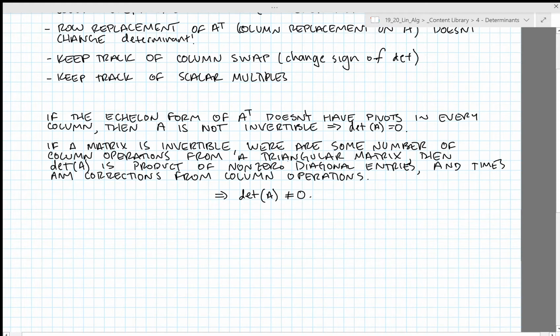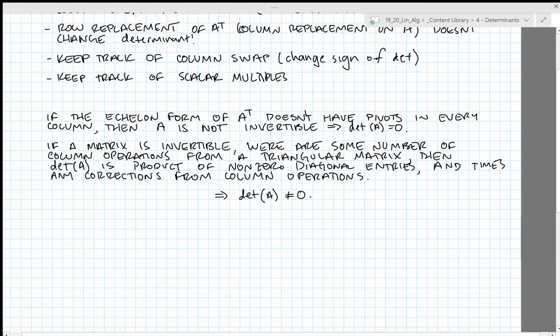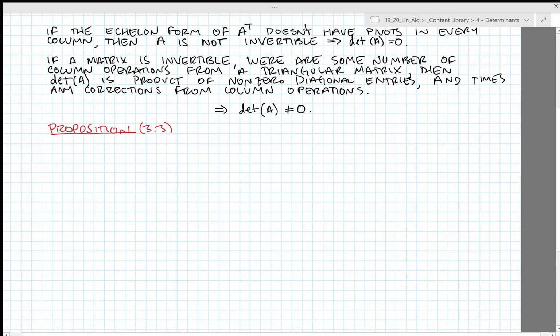If the matrix is invertible, then the determinant is strictly not 0. And that's big, and that's going to roll us into a proposition, Number 3.3. That proposition is basically going to be that det A equals 0 if and only if A is not invertible.